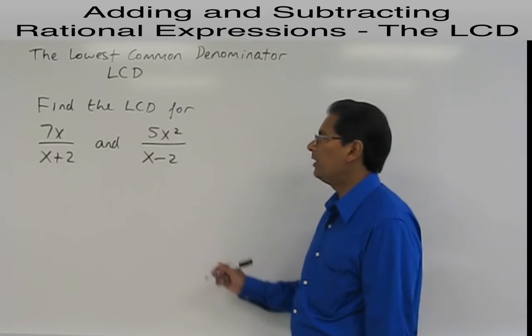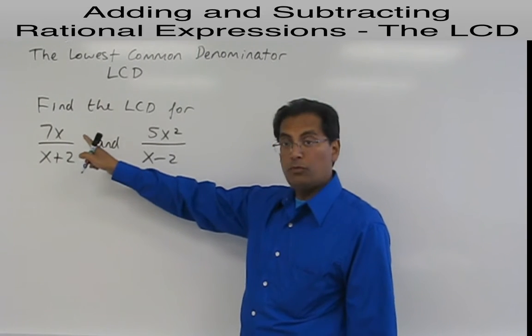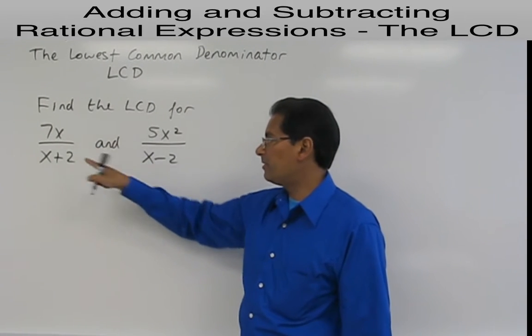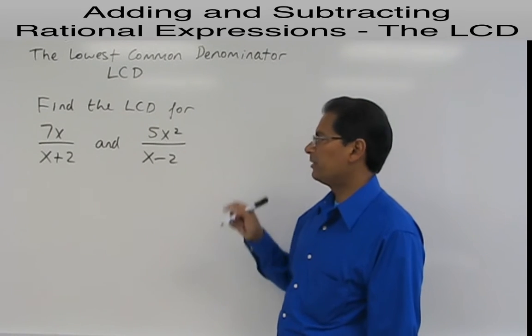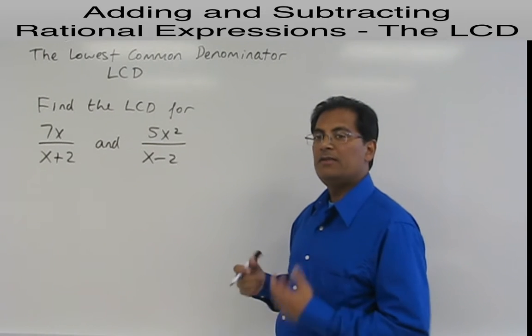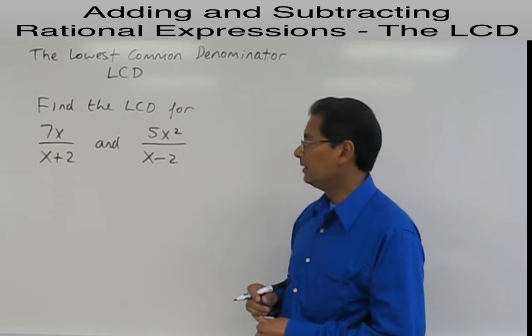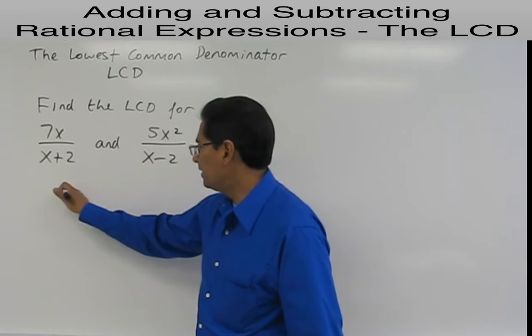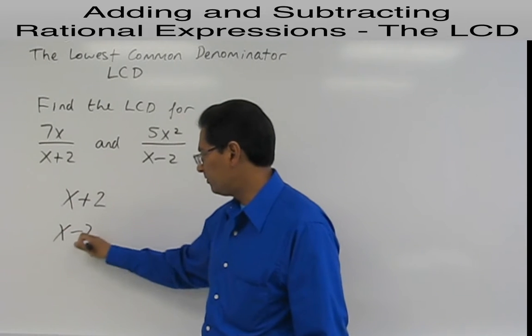Now in this example, we're asked to find the LCD for these two rational expressions, 7x over x plus 2 and 5x squared over x minus 2. The denominators are different, and we want to find an LCD. We notice we have a denominator of x plus 2 and a denominator of x minus 2.